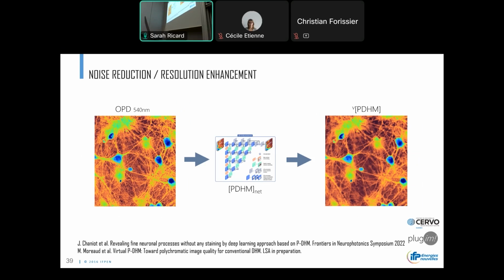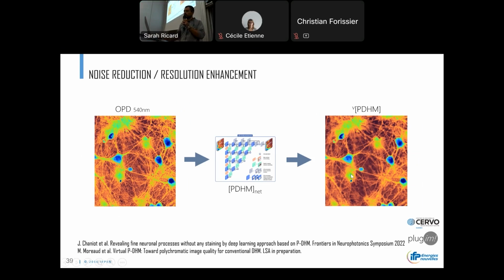The idea is to be able to denoise some observations obtained by digital holography. Here we have an observation of neuron and dendrite at the left. And we use a CNN. It's a specific CNN. It's like a UNet, but a little more complicated, to be able to extract very accurate details.